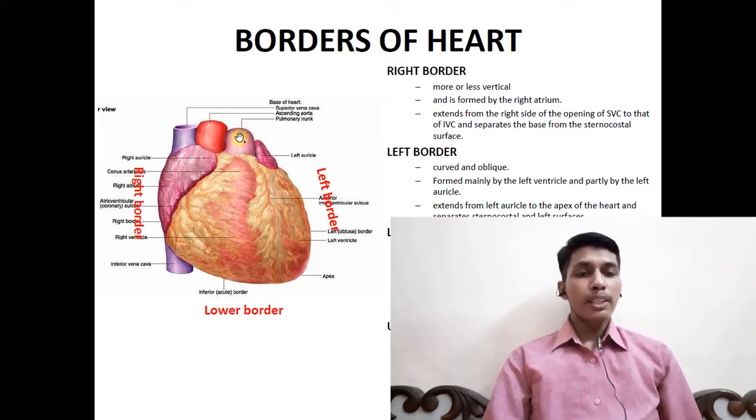So it is obstructed from the sternocostal or anterior surface because the ascending aorta lies here and the pulmonary trunk lies in front of it. It is slightly oblique and formed by the right atrium and the left atrium. The major or chief portion of the upper or superior border is formed of the left atrium.